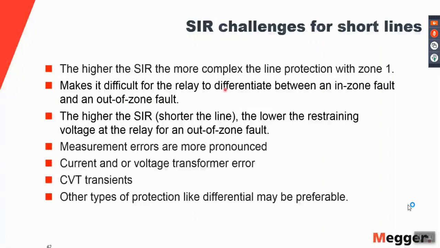And then the measurement errors are going to be more pronounced. And then you're going to have higher current and voltage transformer errors, etc. What I'm trying to say here is that if the line is too short, then maybe you should consider other types of protection instead of using distance zone 1 protection.